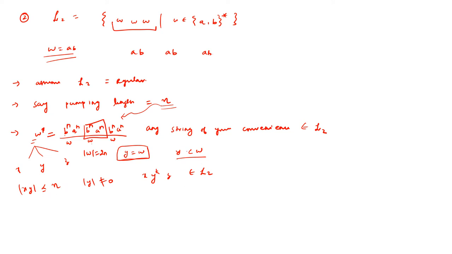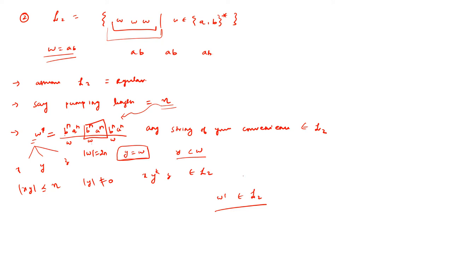Right now, if you take y as a substring of w, you can basically enumerate cases and show that the w prime that you obtain by pumping y will not belong to L2. I think this part is easy. Why? Because in y you cannot take the whole w so that you can pump w. So the resulting string will also have w constant.